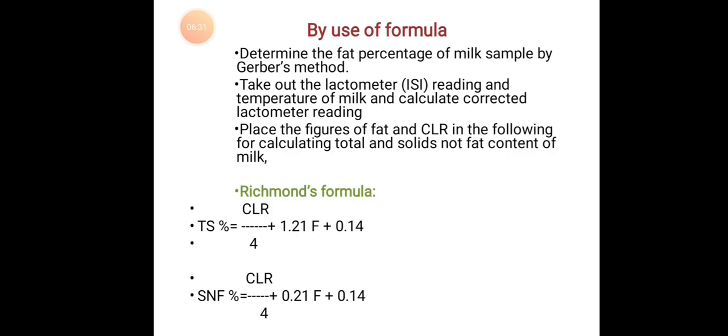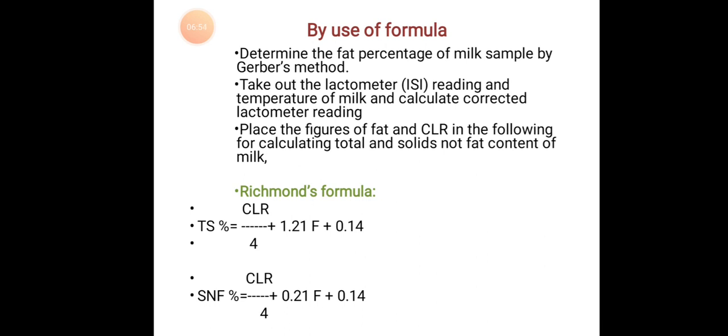By use of the formula, determine the fat percentage of the milk sample by Gerber's method. Take out the lactometer ISI reading and temperature of milk and calculate the corrected lactometer reading. Place the figures of fat and CLR in the following formula for calculating total solids and solids not fat content of milk.